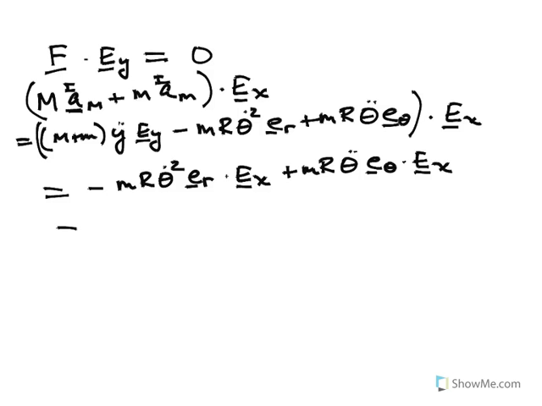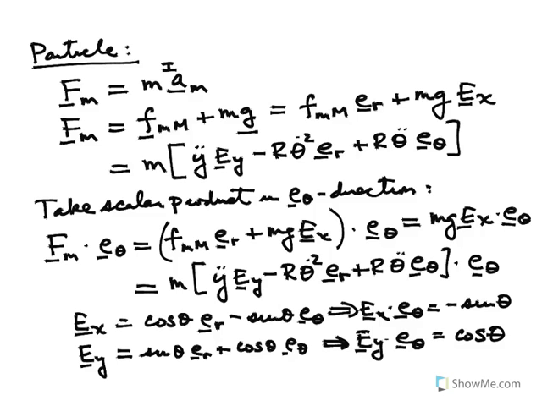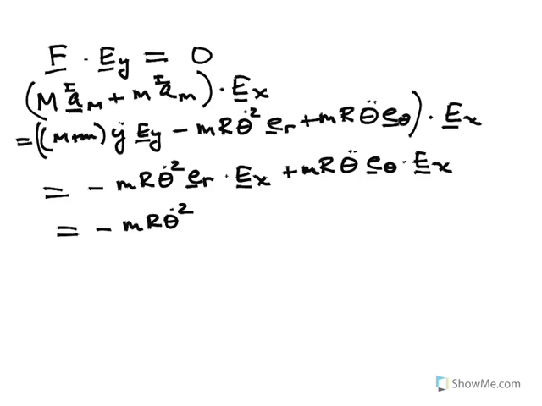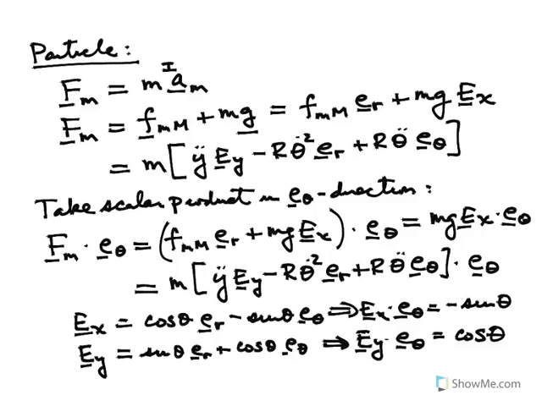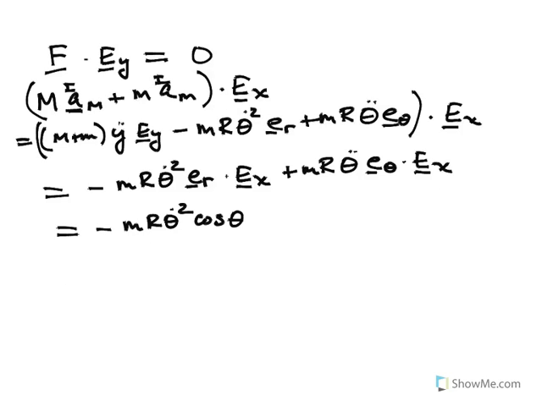So this gives minus mr theta dot squared cosine theta, and then e theta dotted with ex gives minus the sine of theta, so minus mr theta double dot times the sine of theta.